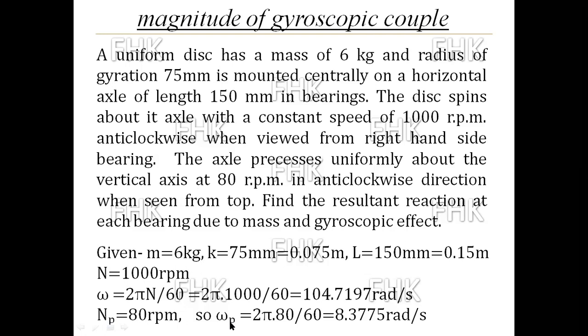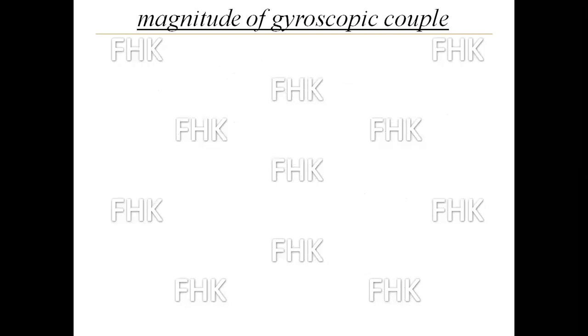So omega p is the angular velocity due to precession. Omega p is 2 pi into 80 rpm divided by 60, that is 2 pi N upon 60. So the value of omega p I am getting here is 8.3775 radian per second. This is our conversion for solving the numerical.